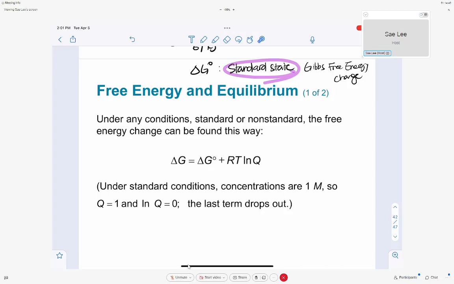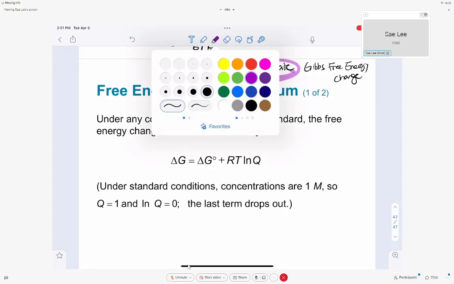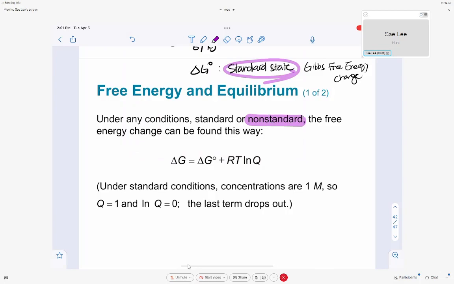However, in reality, most chemical reactions actually occur under non-standard conditions. So chemists came up with another equation to find the Gibbs free energy at non-standard situations. The convenience of this equation is that you can find the Gibbs free energy change at non-standard conditions from the standard condition.